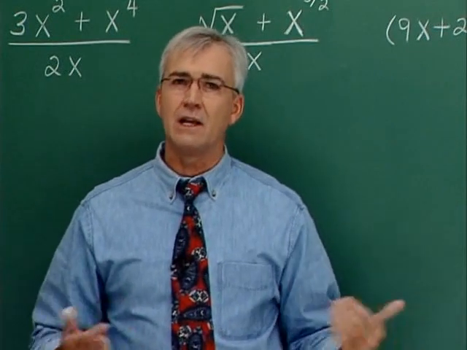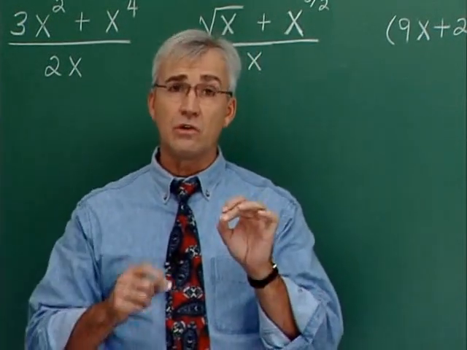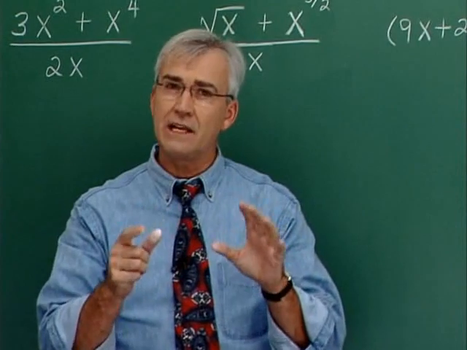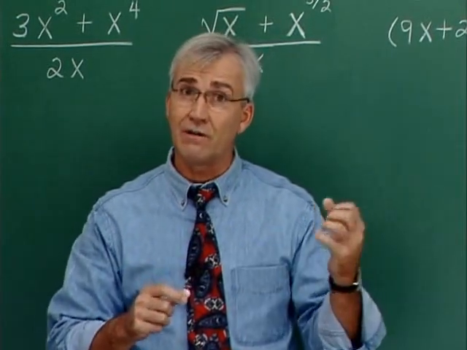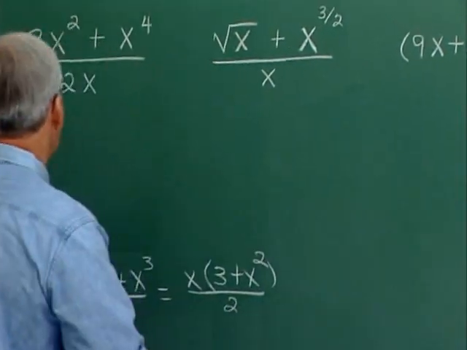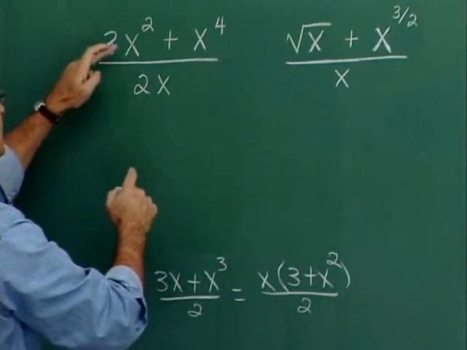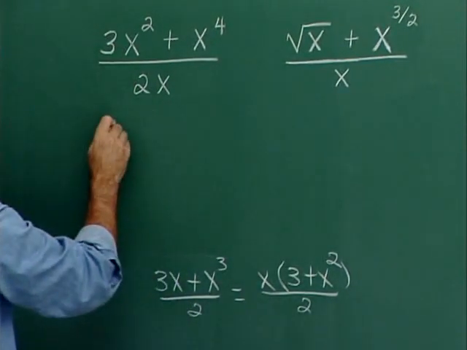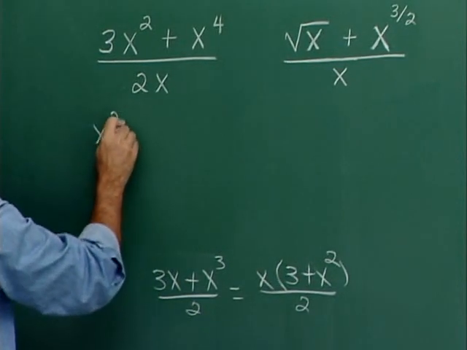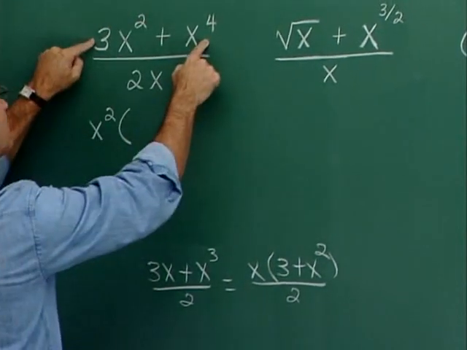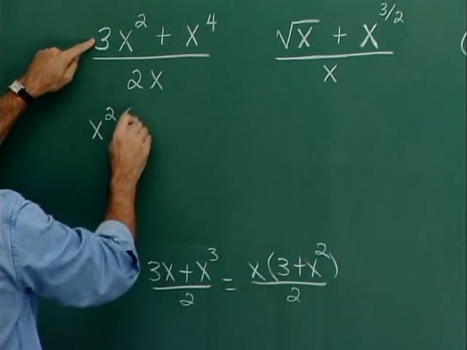Well, it really doesn't make any difference right now, but I want to show you some of the techniques for dealing with situations involving factoring in the numerator. Here's what I mean. If we just look at the numerator and we take out the common factor, x squared, you see then we have x squared that we're yanking out of these two terms. Pull x squared out of this term, we're left with 3.